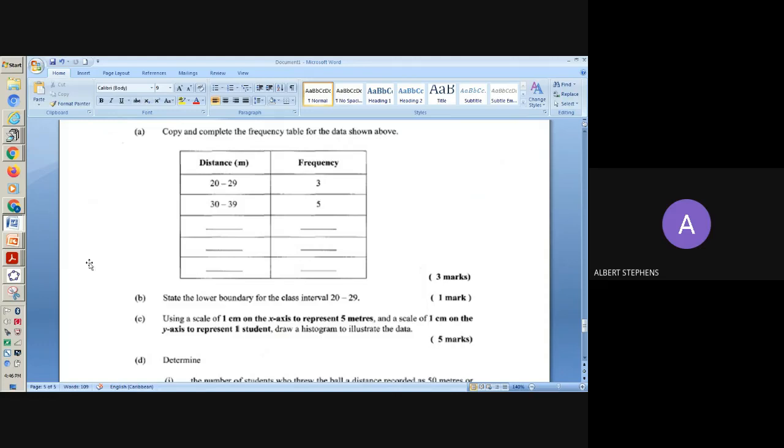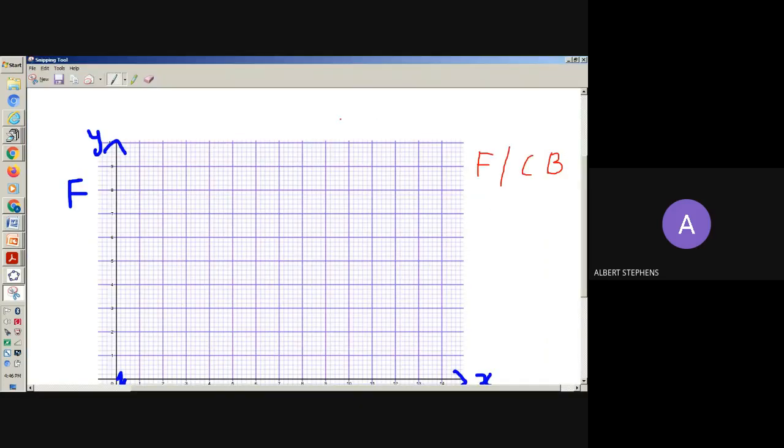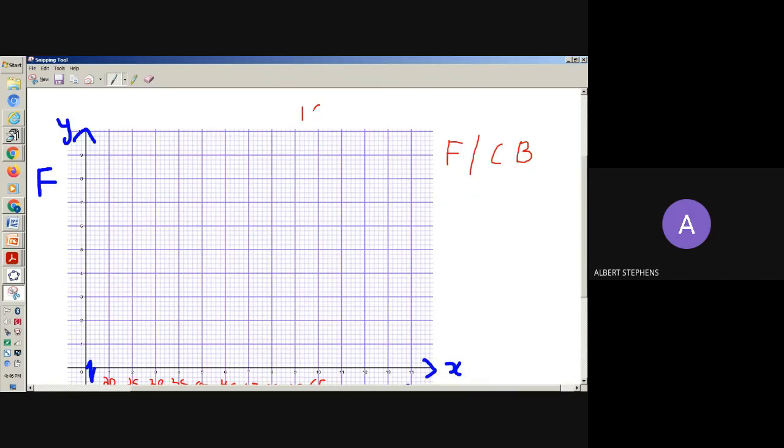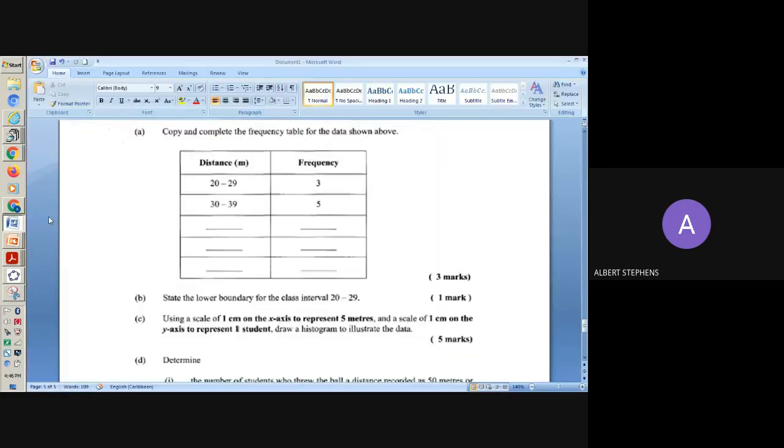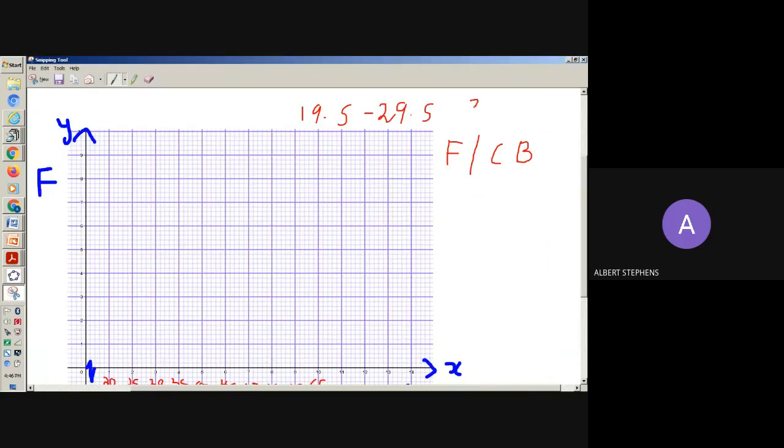So let's start. We have 19.5 to 29.5, and that goes to 3 on the frequency.